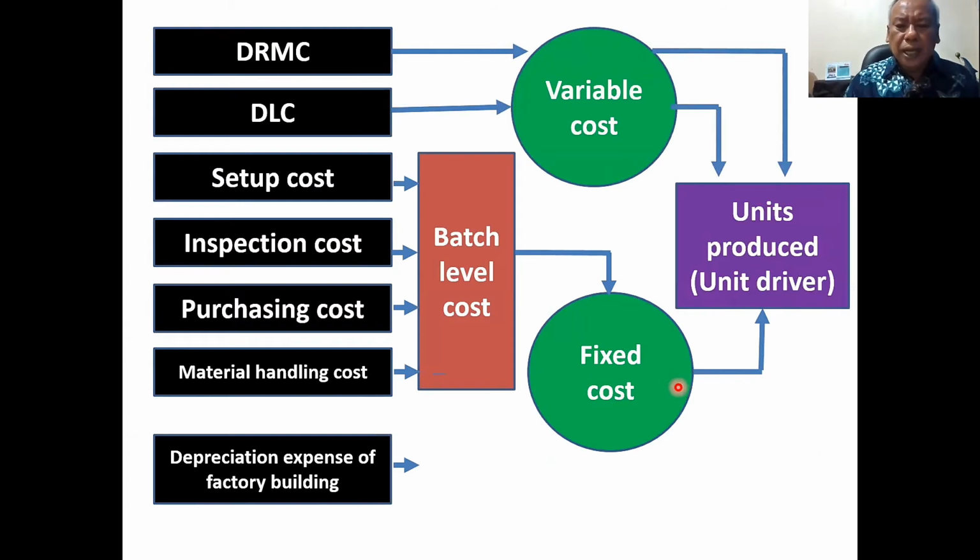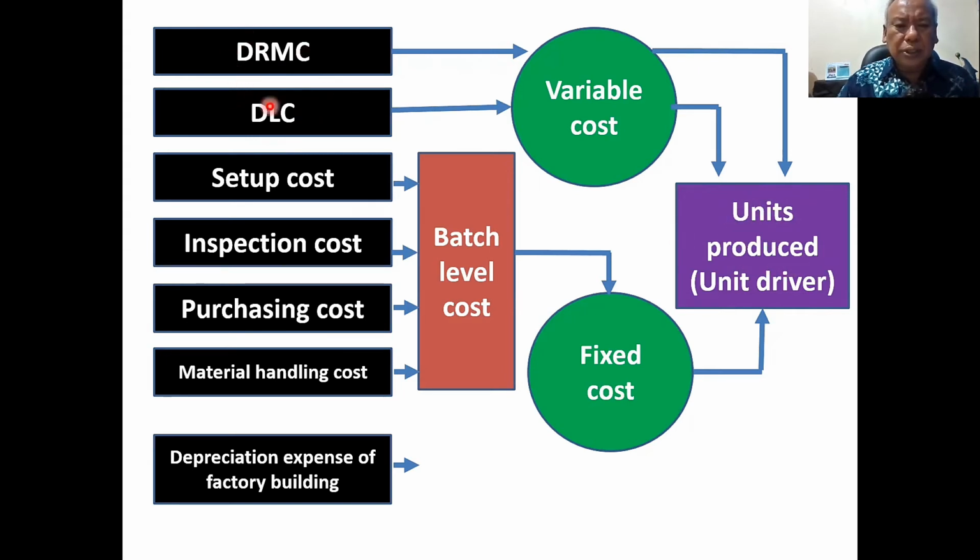Now our unit driver, for example, is units produced. If we link these costs to units produced, direct raw material will vary with the changes of units produced. Direct labor cost is the same, it will vary with the changes of the units produced.